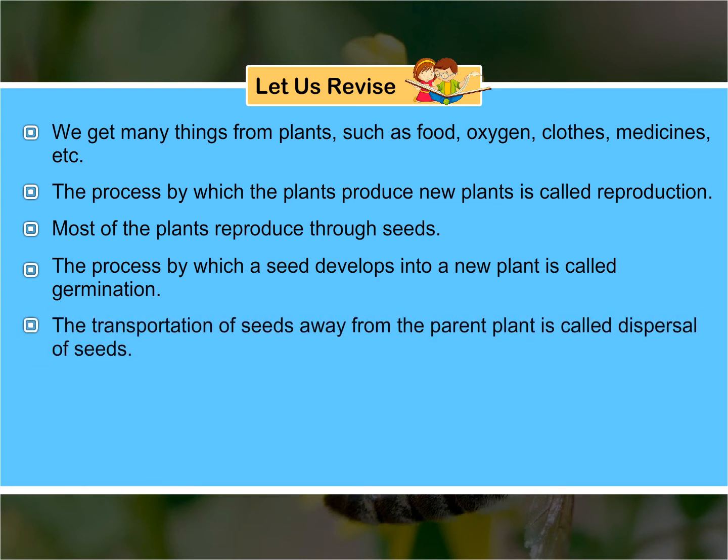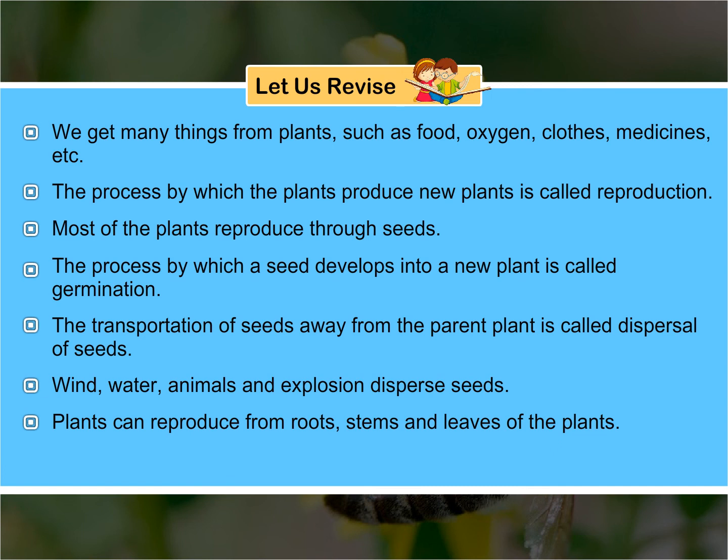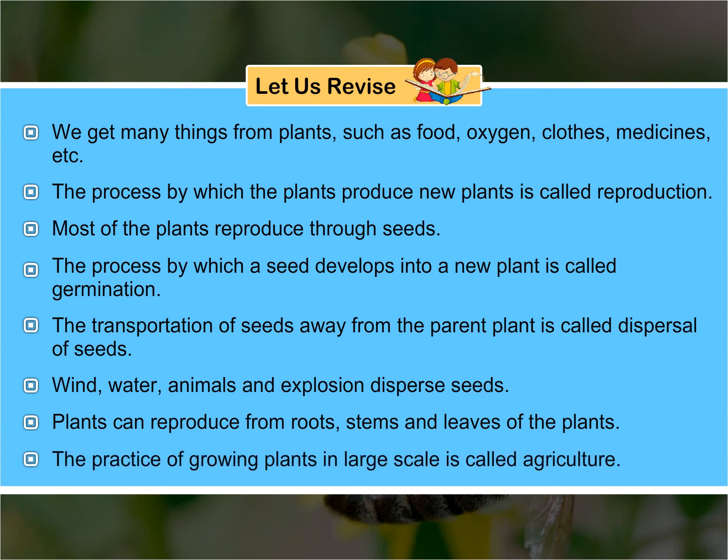The transportation of seeds away from the parent plant is called dispersal of seeds. Wind, water, animals, and explosion disperse seeds. Plants can reproduce from roots, stems, and leaves of the plants. The practice of growing plants in large scale is called agriculture.